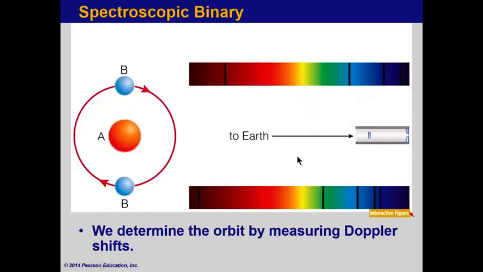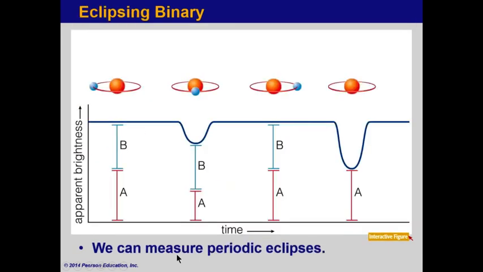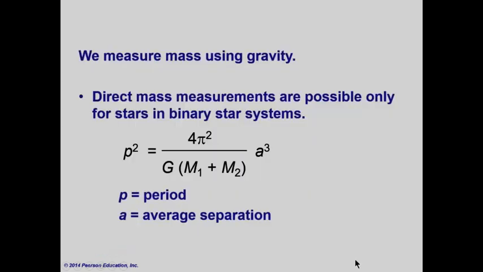With the spectrographic binaries, we see the motion of both stars as they move towards and away from us, because even though B is orbiting A, the mass of B and A are interacting with each other, so B is still tugging at A. So A is going to move along with B as well, so we can measure both of those. And then we just showed you an example of an eclipsing binary.